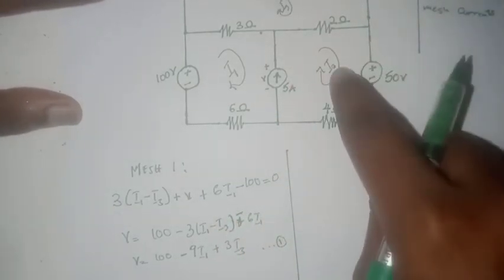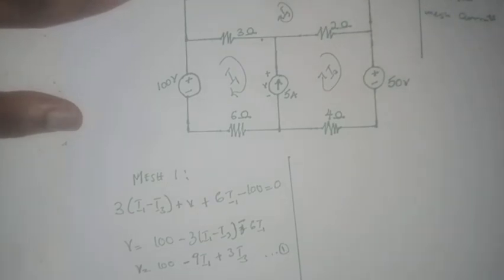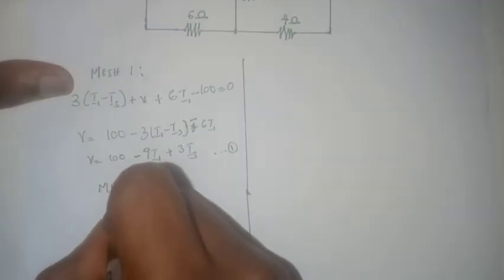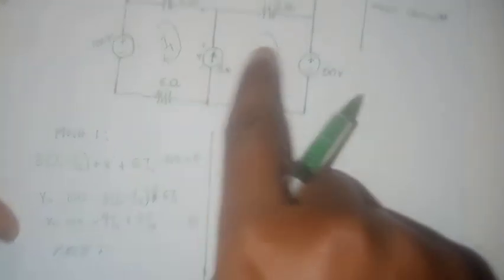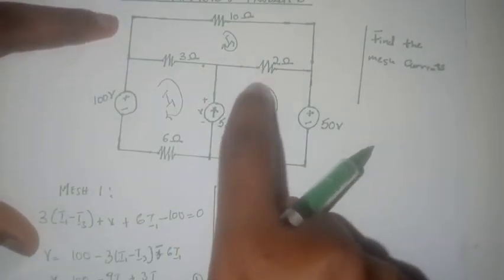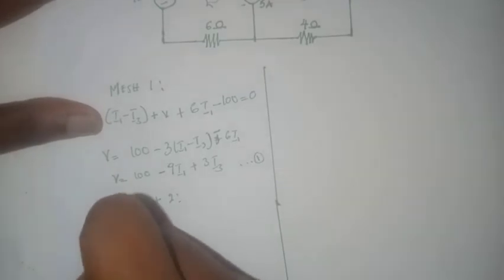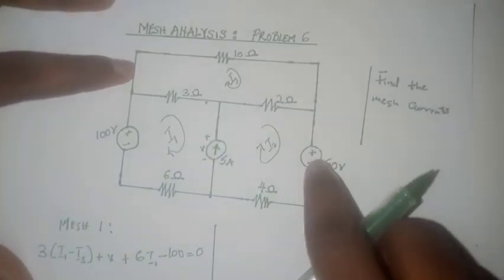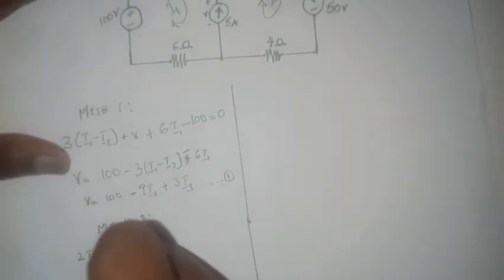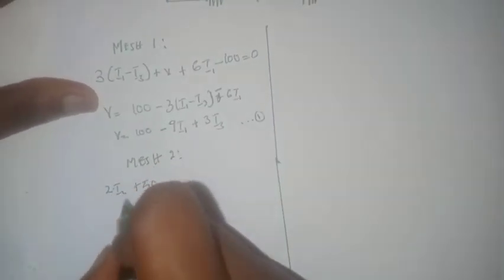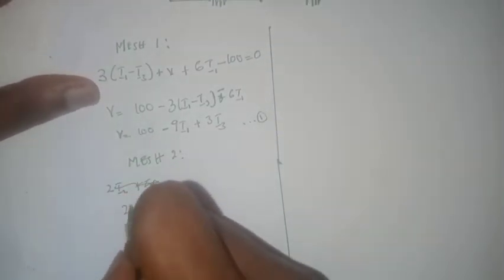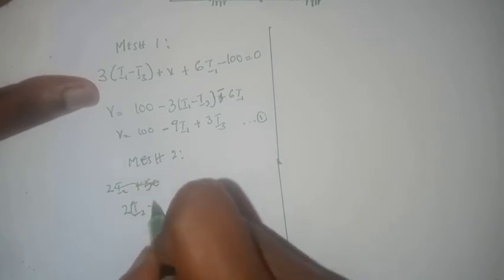Then we can proceed to mesh 2. In mesh 2, starting from here, we come here, we have 2I2, then plus 50 volts, then 2 into I2 minus I3.